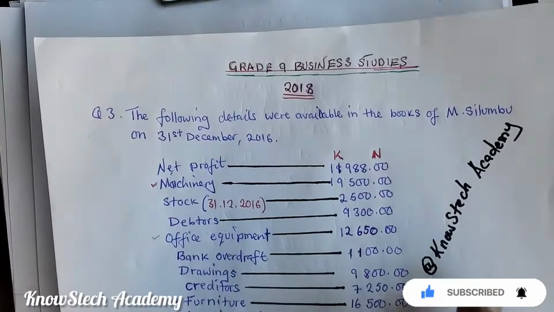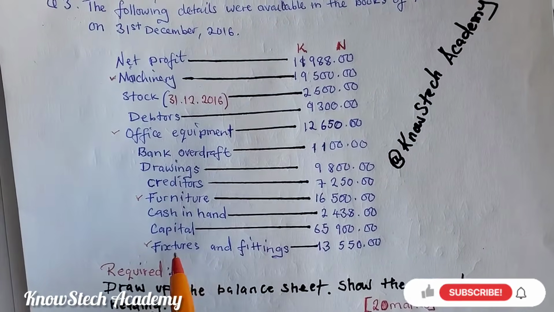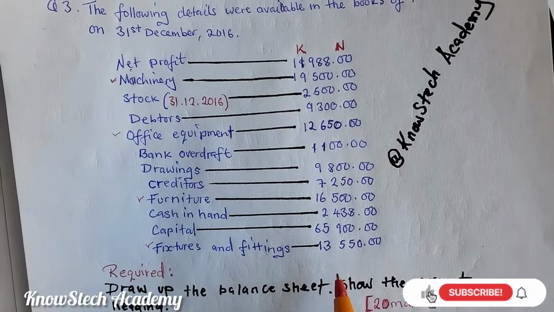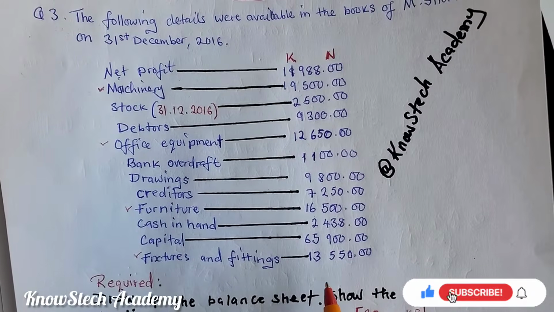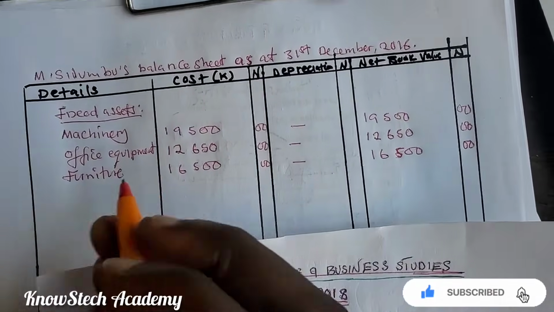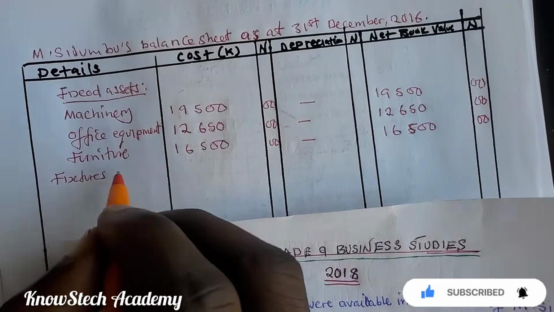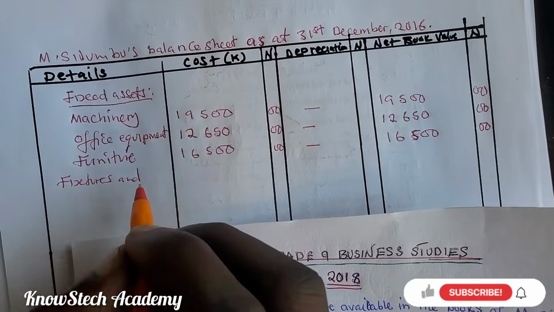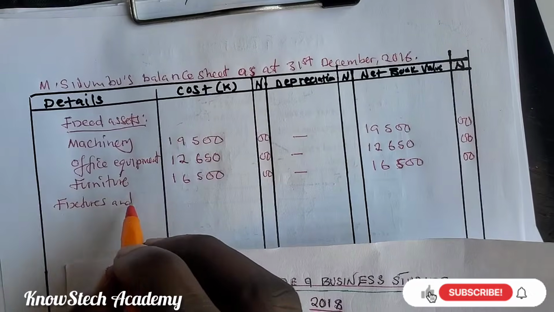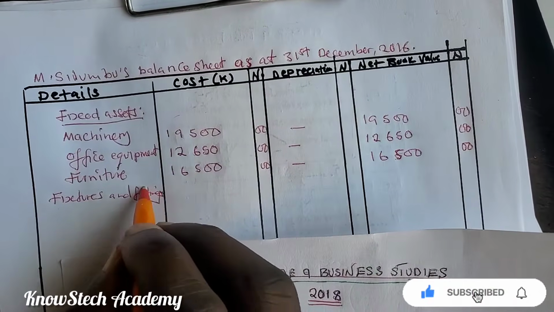The last fixed asset, as identified earlier on, is fixtures and fittings. So we're going to write fixtures and fittings.